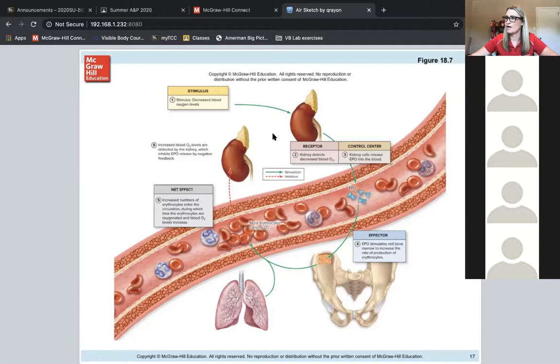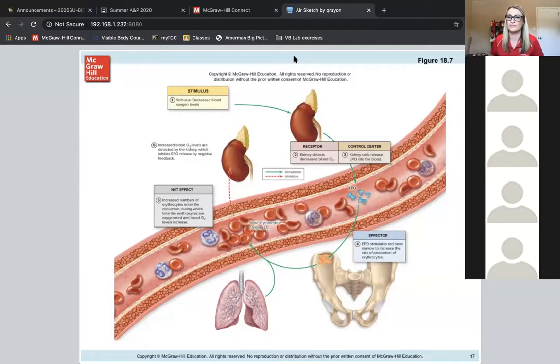hemopoiesis and formed elements. I don't like to keep us over an hour, and even though we started a little later, it has been over an hour. The only things left for this chapter are hemostasis and then blood typing. So I will make a recording. Actually, I think I might make two, so that you can see blood typing in one, and I'll talk about the lab in there a little more also.